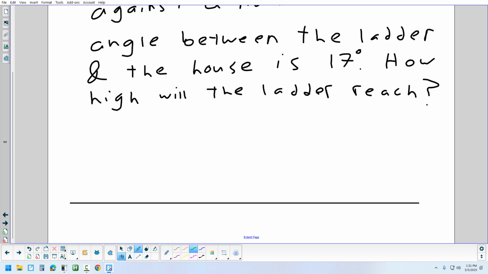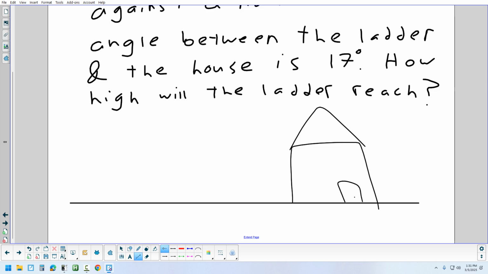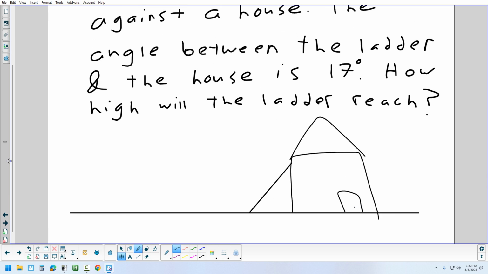So there's our ground. Okay. Here's our house over here. And we've got a ladder leaning against it. Like that. It's not to scale. Okay, what do we know that we can label in that picture?